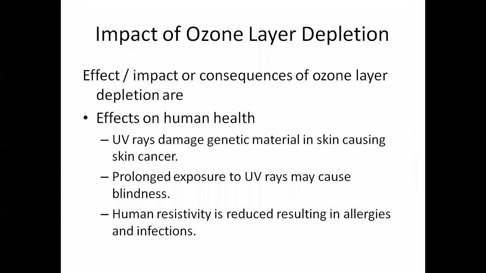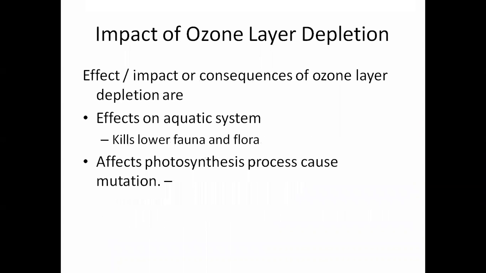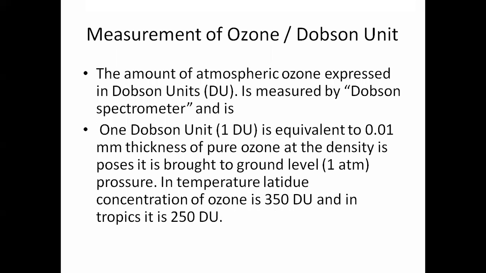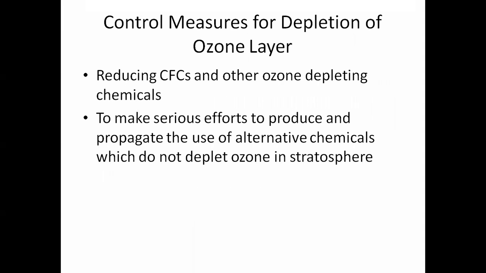Then we studied the effects with respect to humans, the aquatic system, material and climate. After that, the last concept we studied is how we can measure this ozone. It is measured by the Dobson unit. And we also studied how we can control ozone layer depletion.